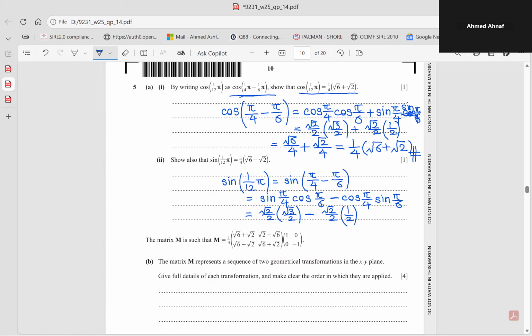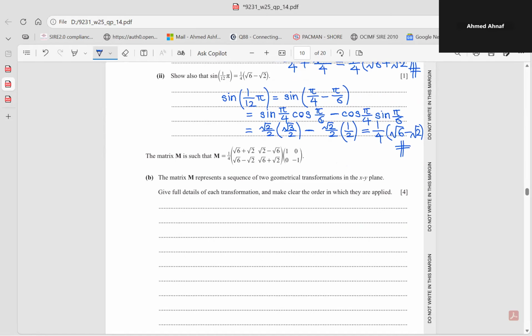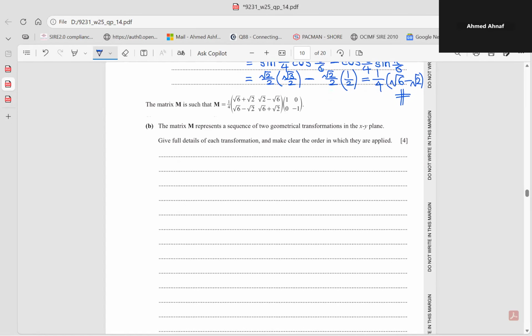The only thing that changed is the sign. So therefore, the answer will just be 1 over 4 times square root 6 minus square root 2. So this would be our final answer for 5 part A. Let's move on to the next part.